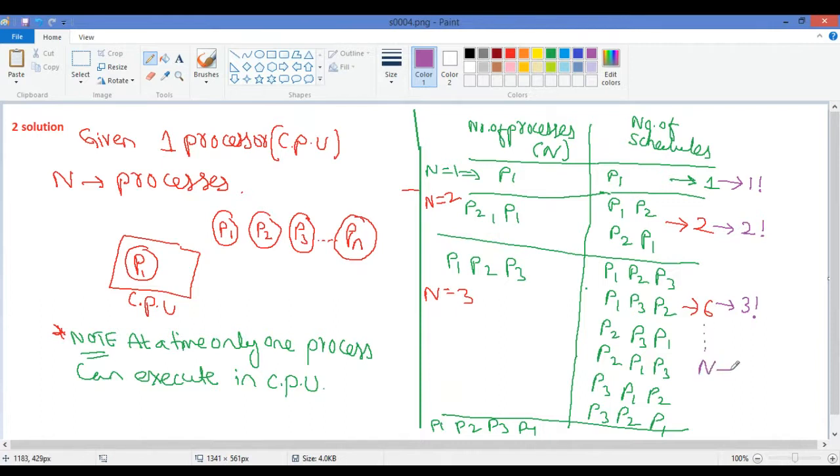For n, the answer is n factorial. 1 factorial is 1, 2 factorial is 2, 3 factorial is 6. You see, you got it correct: 1, 2, 6. And if n is equal to 4, then 4 factorial is the answer.